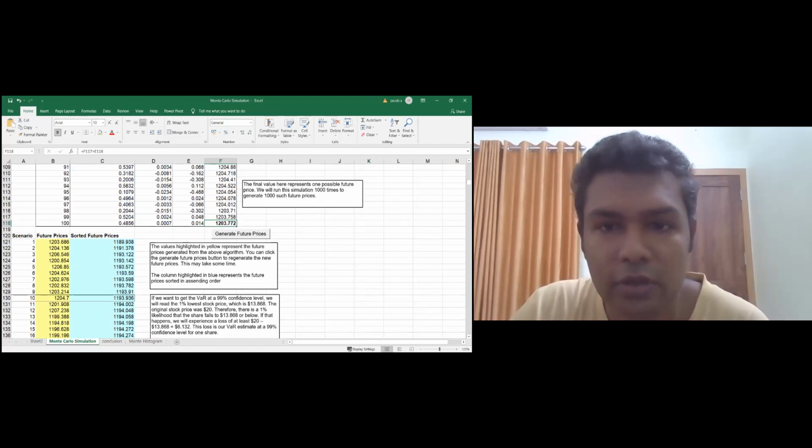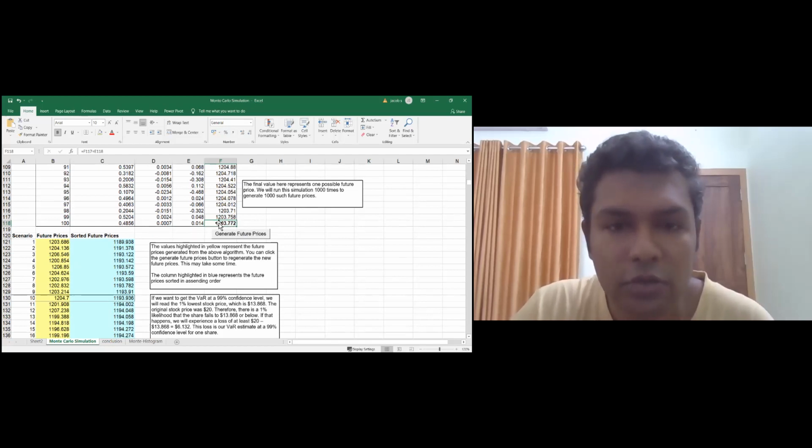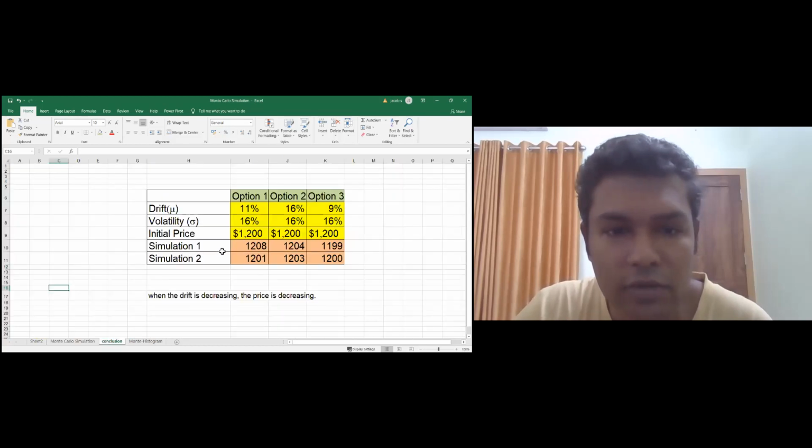That is, when we click on this option, it generates 1,000 such future prices. So we get a final value here under simulation 1, and simulation 2 also we do like that. So we will get the future price of the stock which had the initial price 1,200.